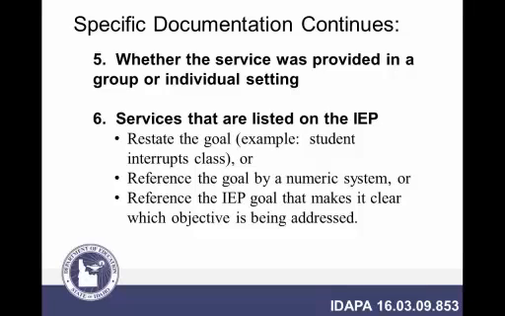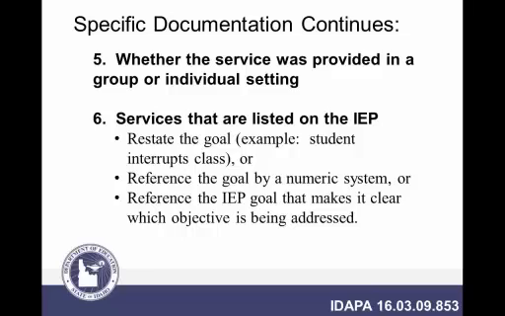So again, your daily service report needs to reflect not only, as Shannon indicated, the category of the service, so whether it is PCS or developmental therapy, which is allowable at this point in time, but the specific service that is being provided. So your options here are to either restate the goal that you're addressing for that particular service, for example, student interrupts class.